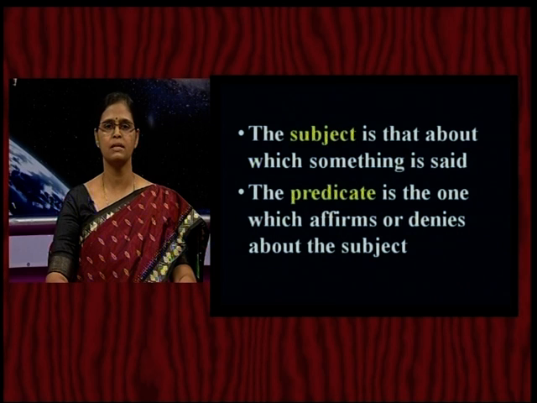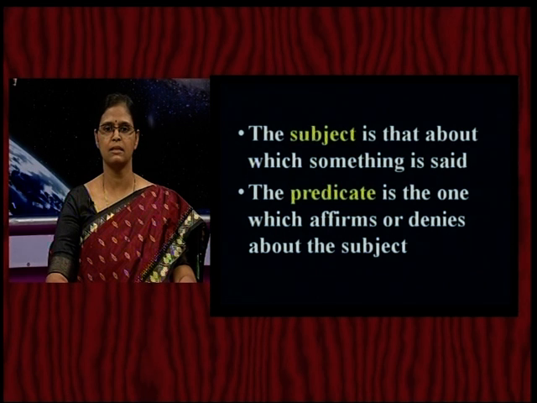And then what is a predicate? The predicate is the one which affirms or denies. Either it may say something affirmatively or it might not accept that particular subject. So, the predicate is the one which affirms or denies about the subject. When I say all A's are B's, A is the subject and B is the predicate.